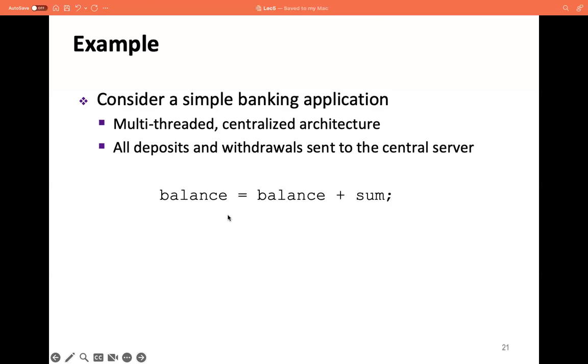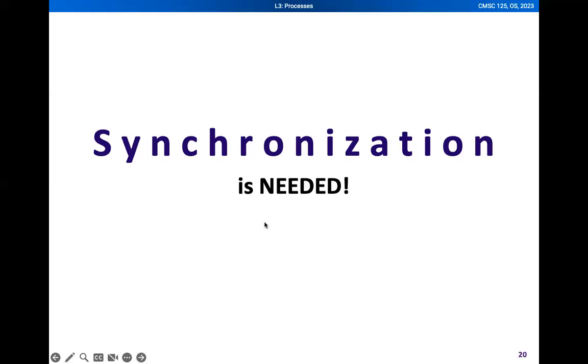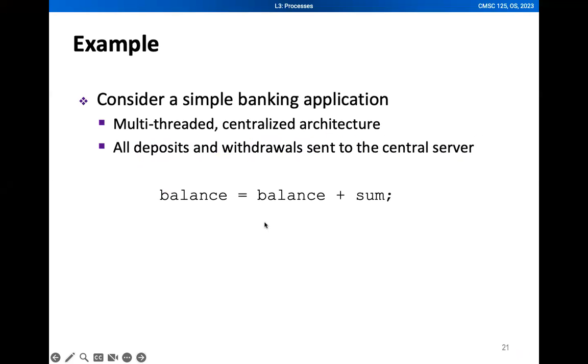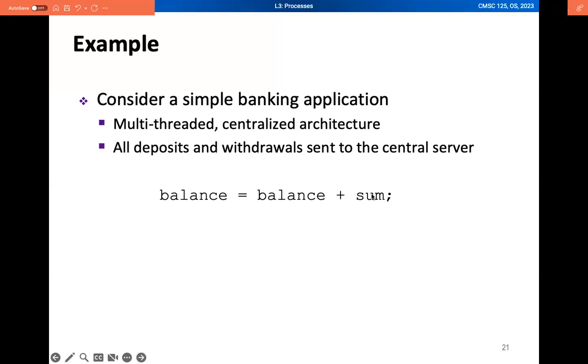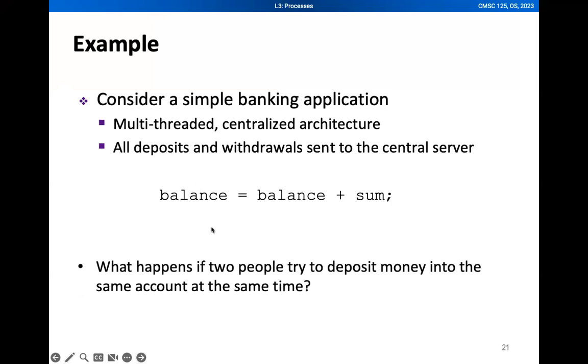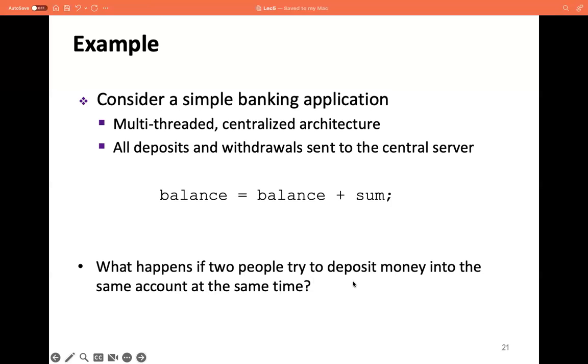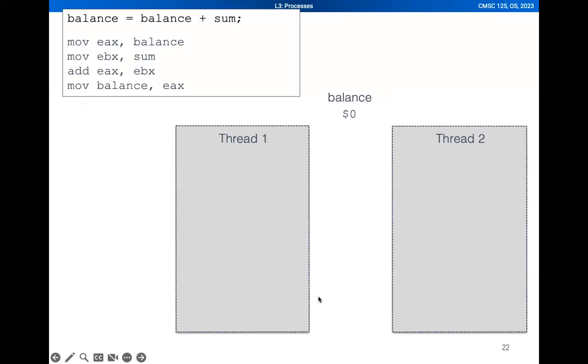That would be balance equals balance plus sum. So the current balance plus the deposit, or the sum, will be stored in the balance variable. In other words, we are updating this variable. Again, what happens if two people try to deposit money into the same account at the same time?